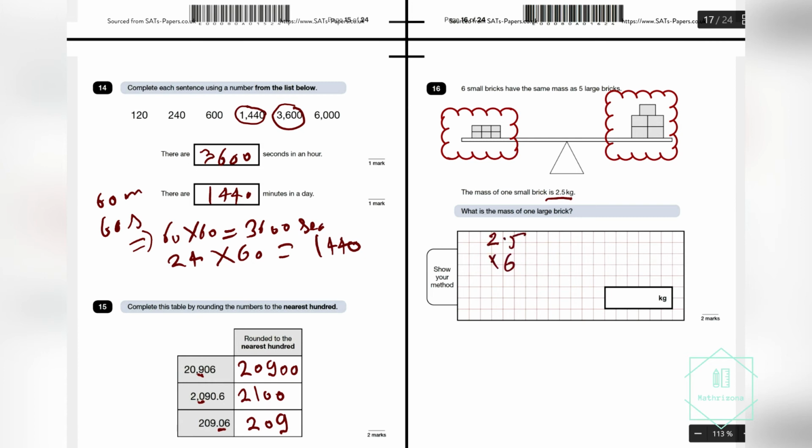So 6 of them: 6 5s are 30, carry forward 3, 6 2s are 12 plus 3, so 15. So 15 kg is the total mass of 6 bricks, which is equal to the mass of 5 large bricks. So 5 bricks equal 15 kg. One large brick will be 15 divided by 5, which is 3, since 5 3s are 15. So one large brick weighs 3 kg.